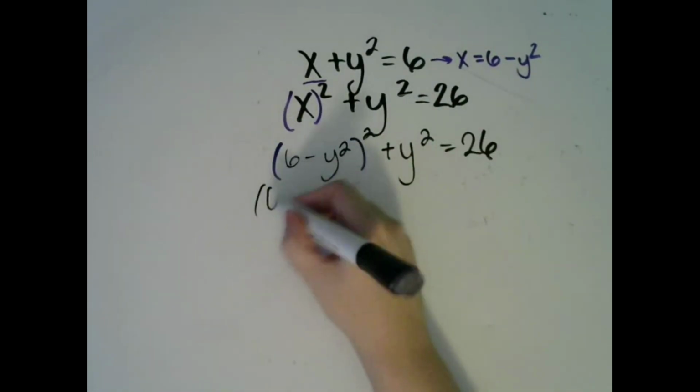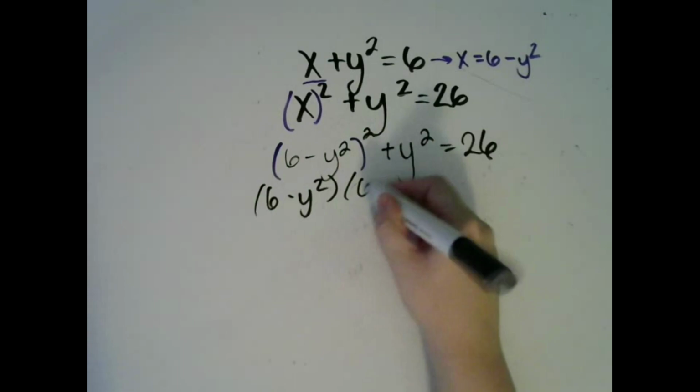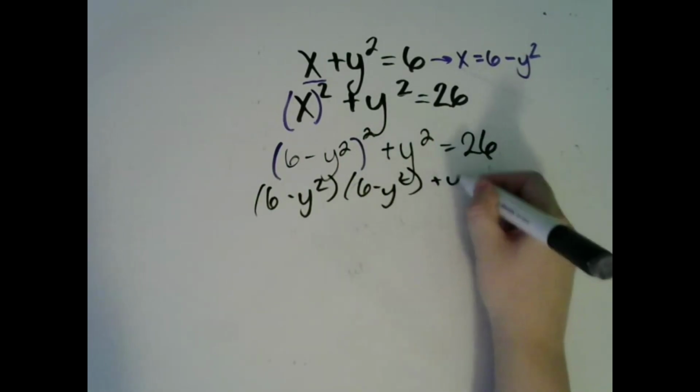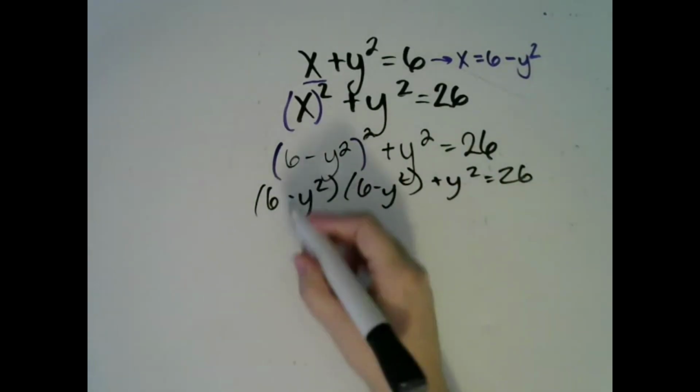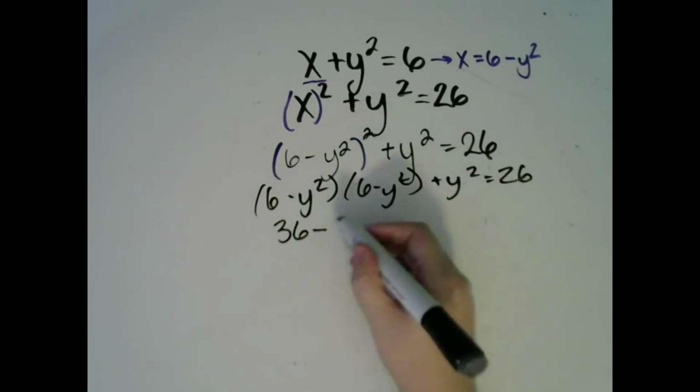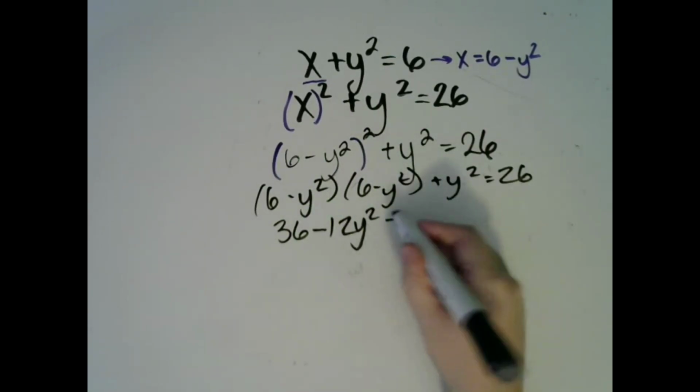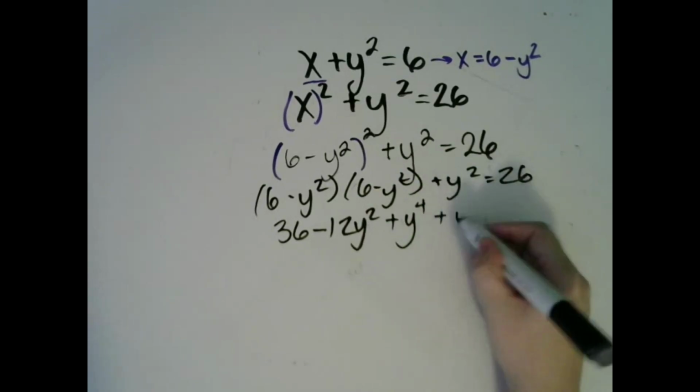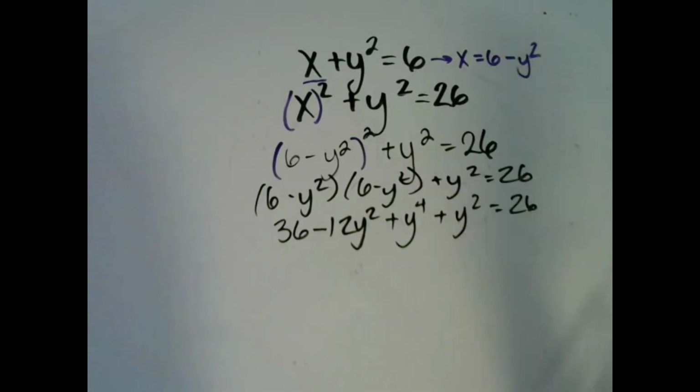This squared means I need to multiply it to itself with full distribution, no shortcuts. And that gets me 36 minus 12y squared plus y to the 4th plus another y squared equals 26.